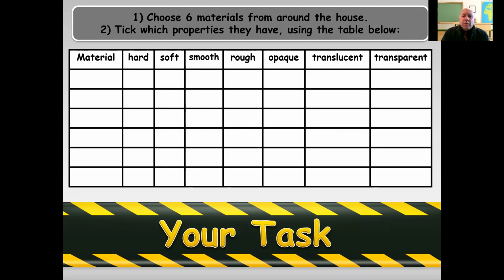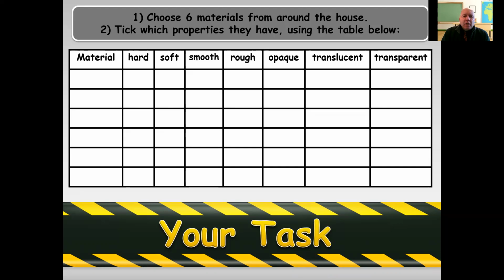Okay, so we've got 7 properties there. Each material will have more than one of those properties, but just how many? As an example, you might choose something like metal, or you might be very specific. We talked yesterday about the general terms of materials, like metal, like wood.